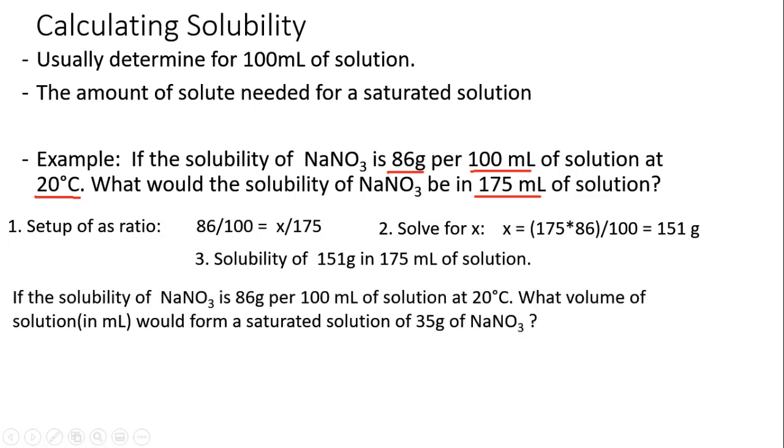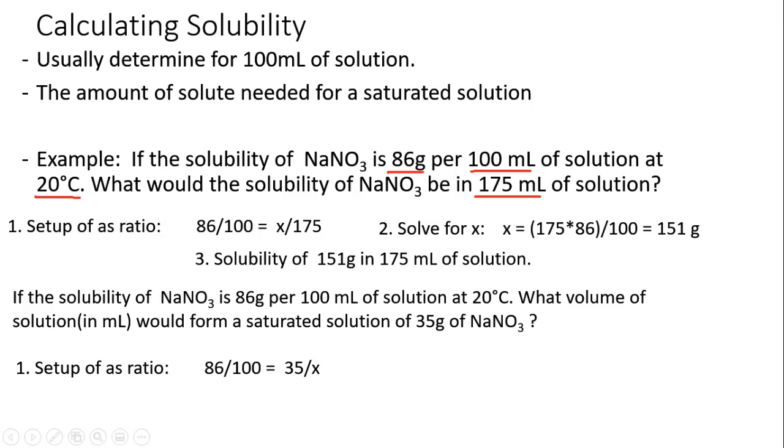Another example is, again, we're using the solubility of sodium nitrate, 86 grams per 100 milliliters at 20 degrees Celsius. What volume of solution would form a saturated solution of 35 grams of sodium nitrate? So we set it up as a ratio.